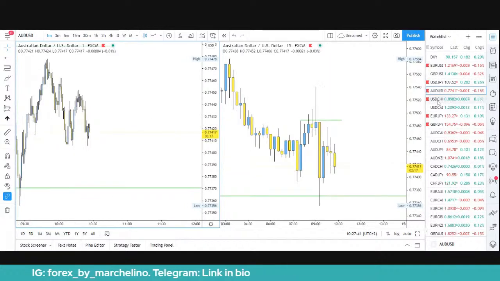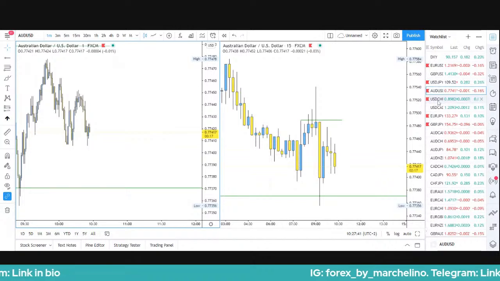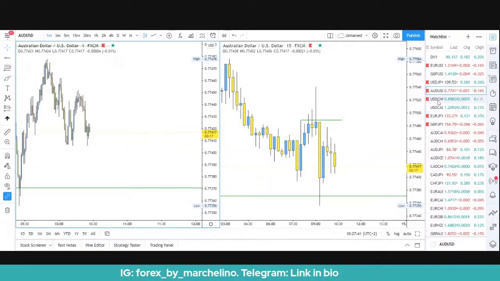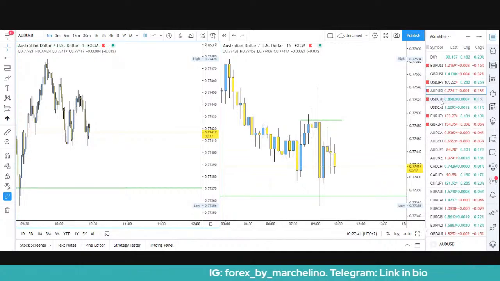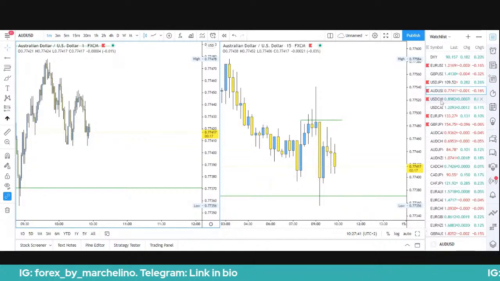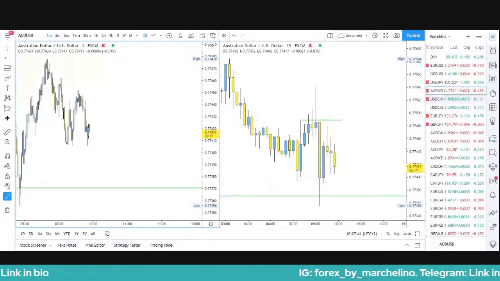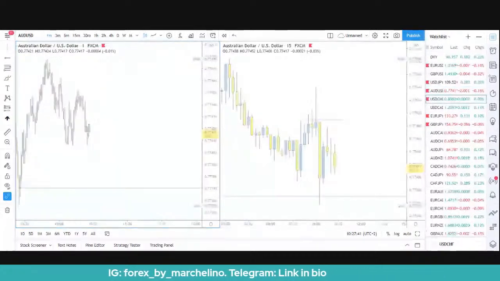AUD is getting that energy into it. USD CHF should be getting that energy into it too.